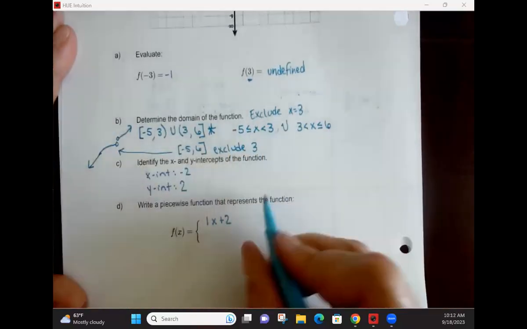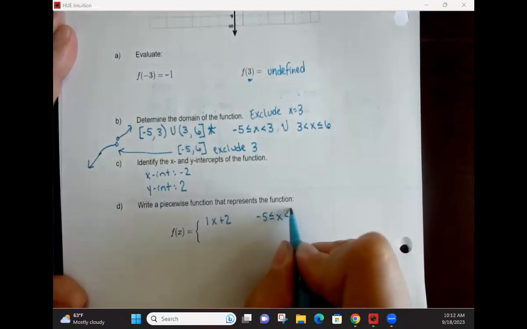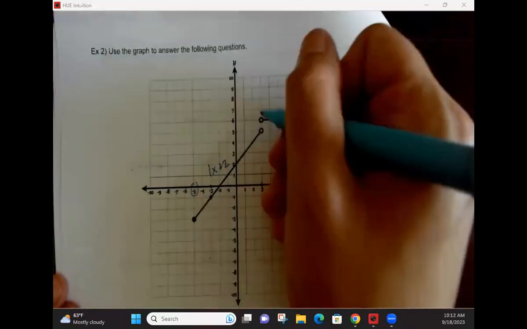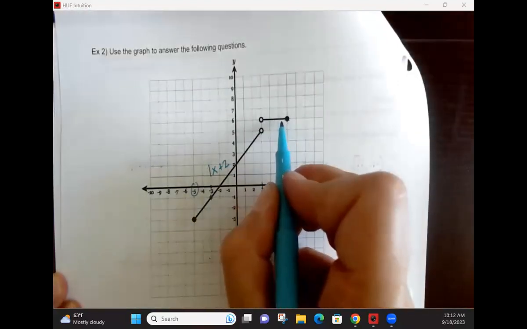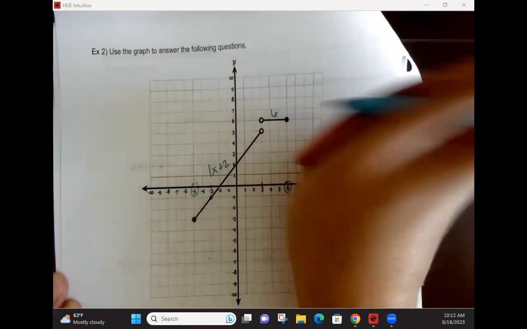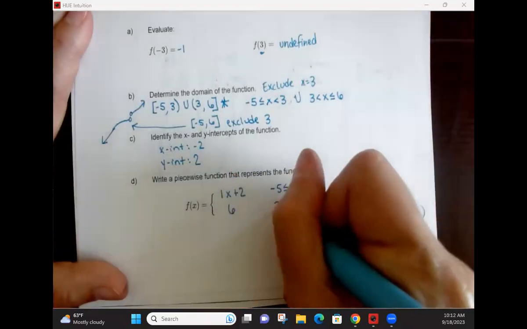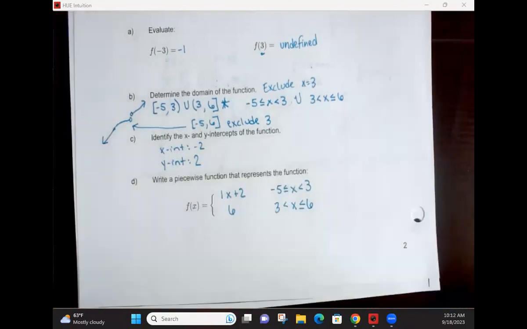So this is essentially what I'm going to write down here, from -5 up to, but not including 3. And then after 3, this is just a horizontal line, right? Y equals 6. From 3 up to and including 6.